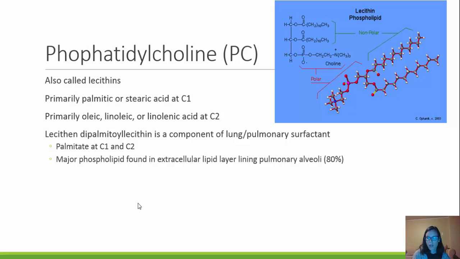And the major clinical significance of this phospholipid is in the form of palmitoyl lecithin, and actually this lecithin here is a choline. And this molecule is a component of lung or pulmonary surfactant. And it's the major phospholipid found in the lining of our pulmonary alveoli.